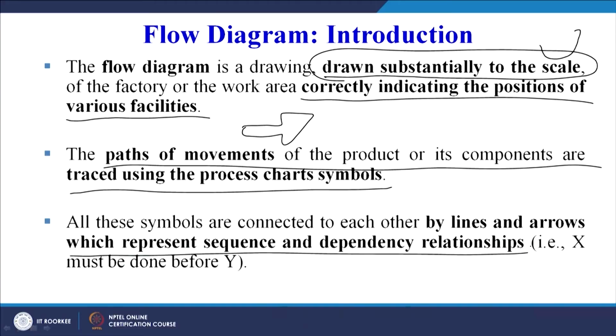If you have attended the sessions in our course on operations management, we have studied CPM and PERT there. So we have dependency relationships among the various activities, that Y can only start if X has been completed. So flow diagrams can help us to depict the dependency of the activities also, that this can only be done when the previous activity is over.